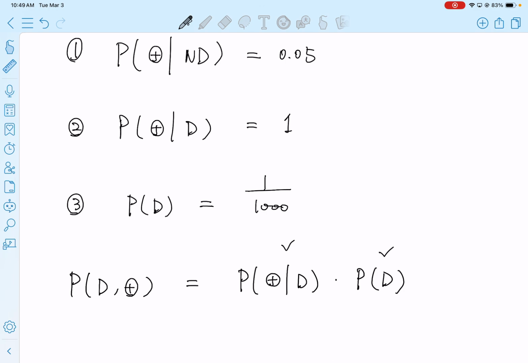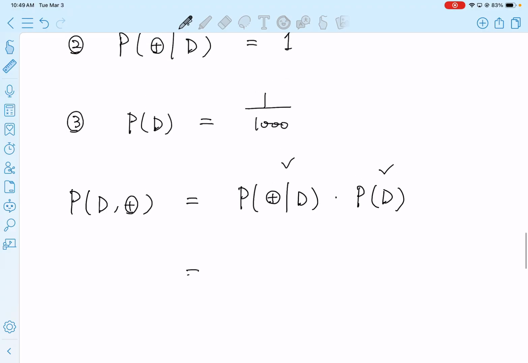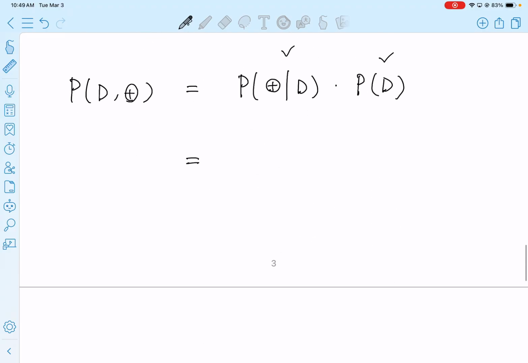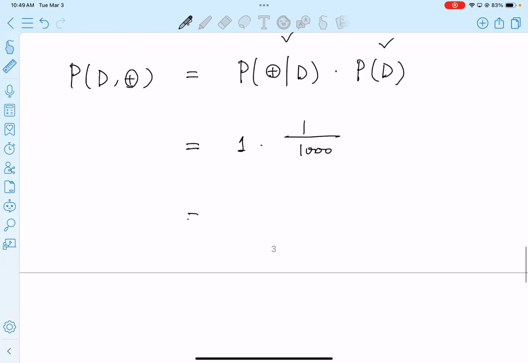That means we have a way to handle the numerator. So now let's plug in the numbers. The probability of plus given the disease, we know the doctor is doing a good job, so it's equal to 1. Multiplying by the probability of the disease in the population, which is 1 over 1,000. So we have the probability for the numerator.